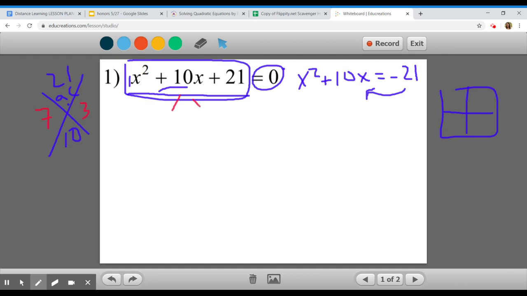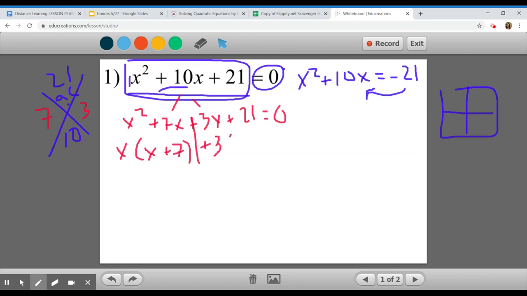I could use that to split up my middle term, x squared plus 7x plus 3x plus 21, and I'll keep the equal 0. Next, I'm grouping first half and second half. My GCF is x. I'm looking at x plus 7. In the second half, I can factor out a GCF of 3.